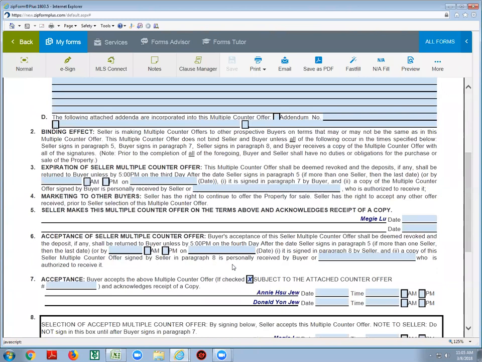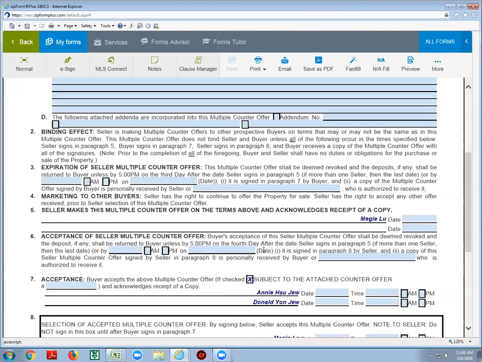Buyer signed in paragraph 7, that's acceptance. Seller signed in paragraph 8. They only tell you the sequence. And the buyer receives a copy of the multiple counter offer with all the signatures prior to the completion of all the foregoing. Otherwise buyer and seller should have no duty or obligation for the purchase or sale of this property.